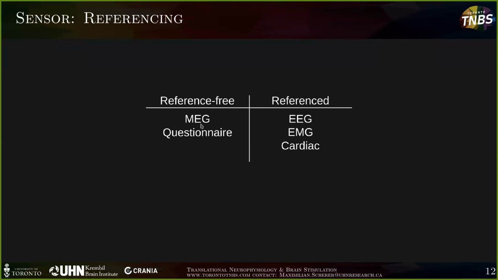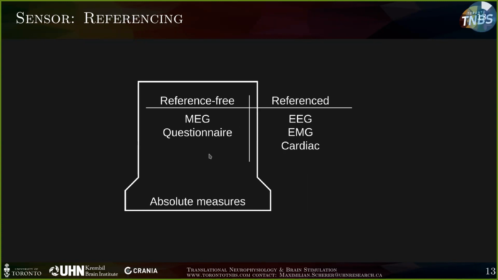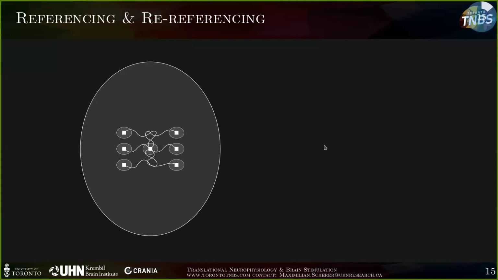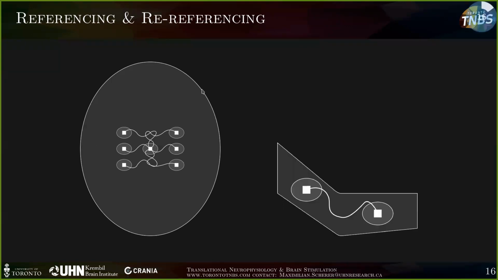As I already said, if you do MEG, you're kind of lucky in that regard because you're measuring absolute measures. Like the magnetic field of MEG has this amplitude here, and that's about it. Whereas with EEG, EMG, and cardiac, you have to select a reference against which you're measuring. Let's say you have your EEG setup here, or some EMG setup here.